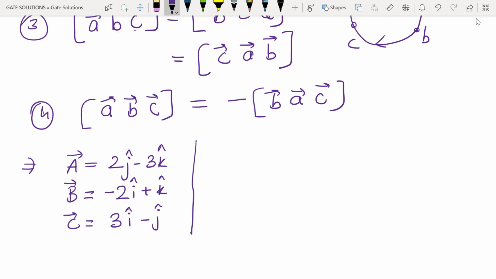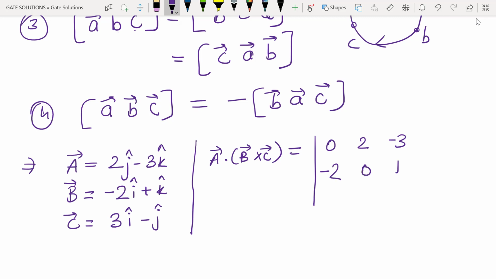So first we find out A vector dot B vector cross C vector. So this is equal to the determinant of the coefficients of A vector, that is 0, 2, minus 3, then B vector minus 2, 0, and 1, and C vector is 3, minus 1, 0.